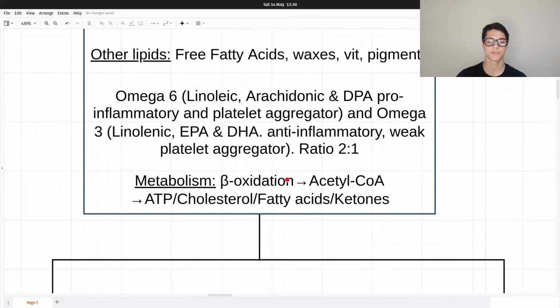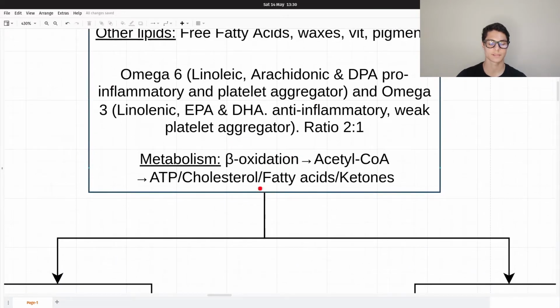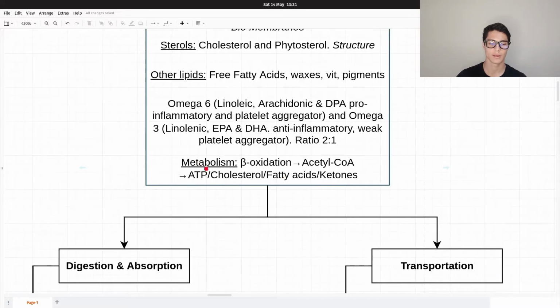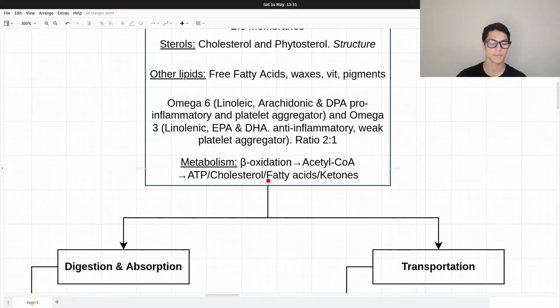Anyway, the fatty acids can go through beta oxidation to create acetyl-CoA, and then acetyl-CoA will create ATP, cholesterol, fatty acids, and even ketones. You can learn more about fat metabolism in the metabolism series playlist on my channel.